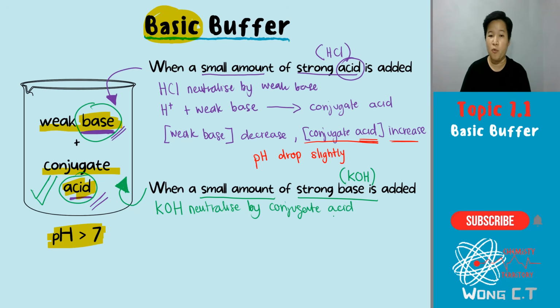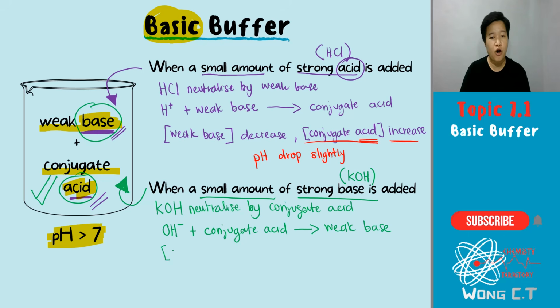And what we mean over here is the OH- produced by the KOH will be completely reacted or completely neutralized by the conjugate acid. Okay? And what will be produced? The same story, guys. We play with the same species in your buffer solution. Therefore, we will produce your weak base. Can you see that now? Okay?